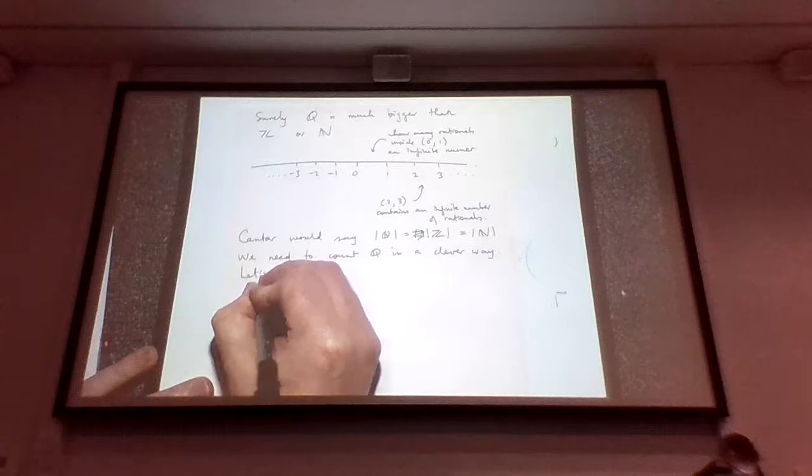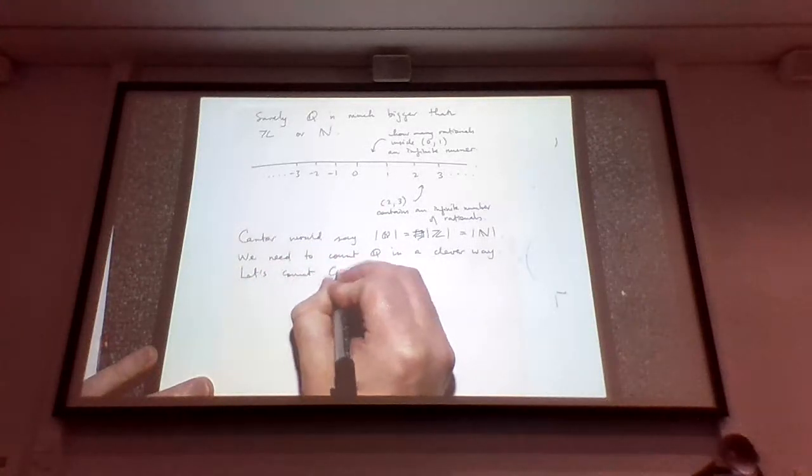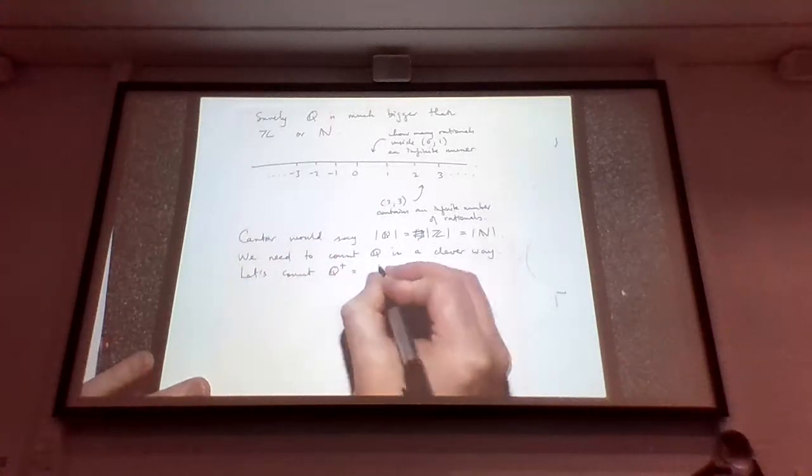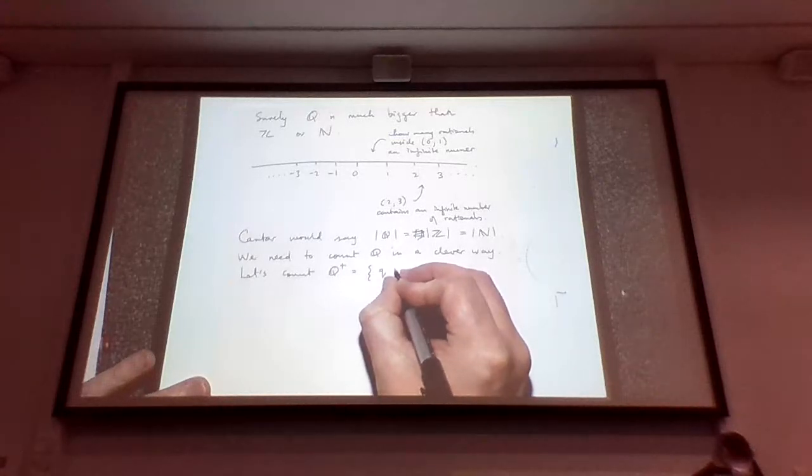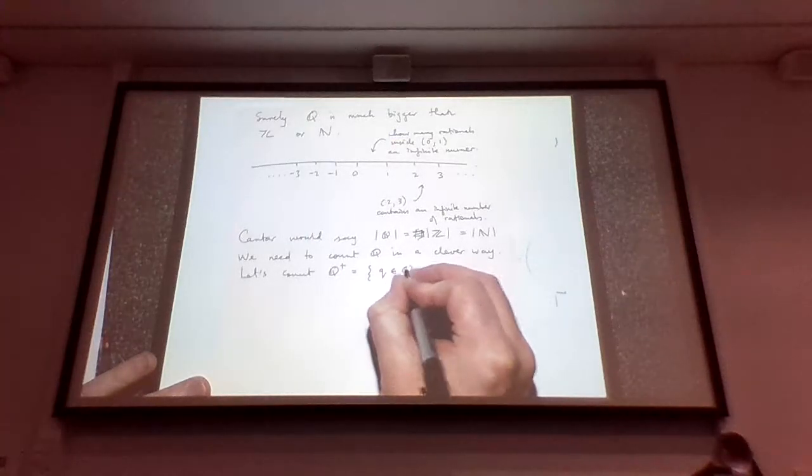So the way we're going to do it is let's count Q plus, the set of all the positive rationals.